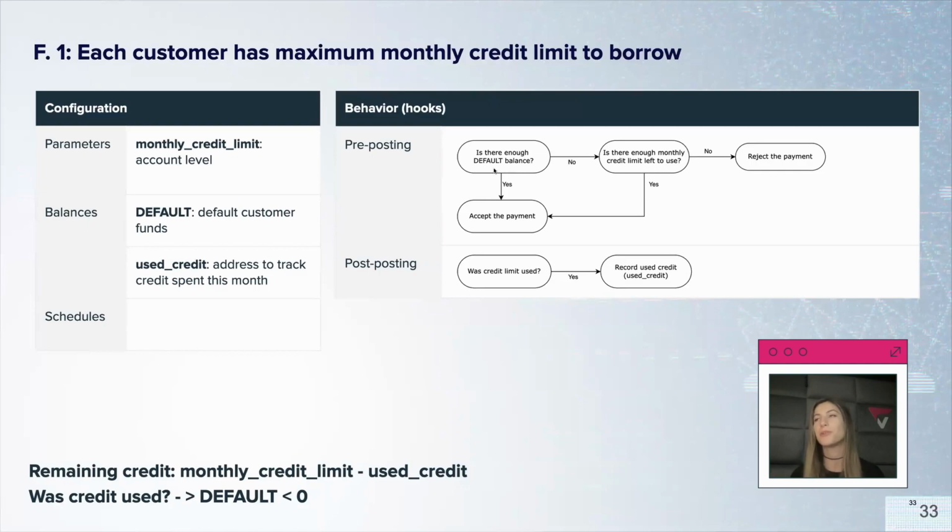The logic that I need to implement there for my credit limit account is that if there is a new payment incoming to the account, I need to evaluate if there is enough balance, if there are enough customer funds on the account to perform the payment. If the customer has enough funds for the payment, I can just accept the payment, then I don't have to care about anything else, right?